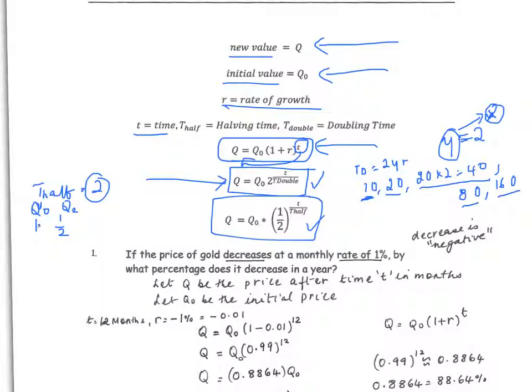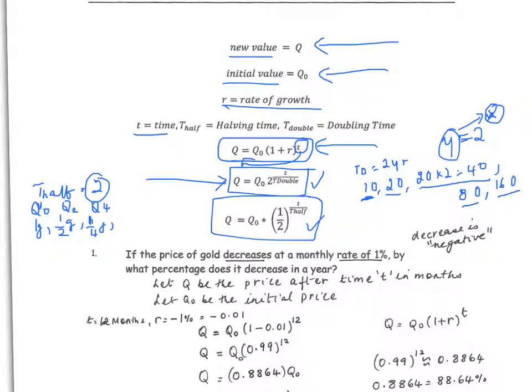If we start off with 1 gram of some radioactive substance, which has a half-life of 2 years, then in 2 years it becomes half a gram. In 4 years, it becomes half of half, which is half times half, that's 1/4. And you can kind of see the pattern.